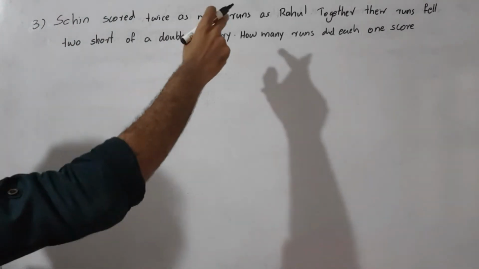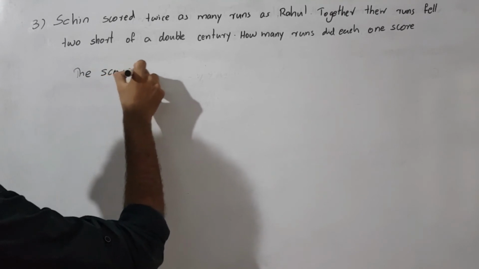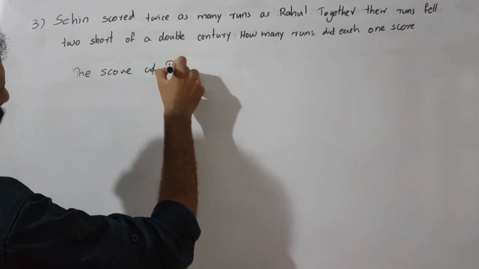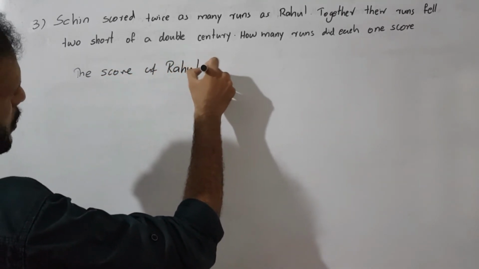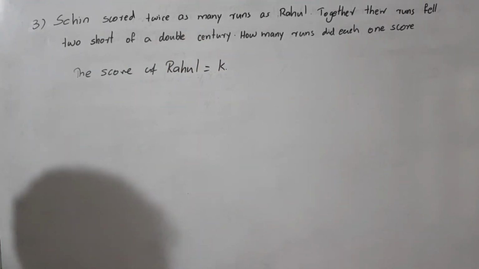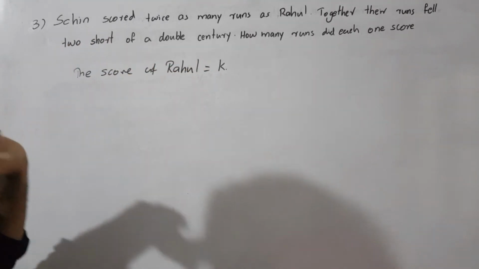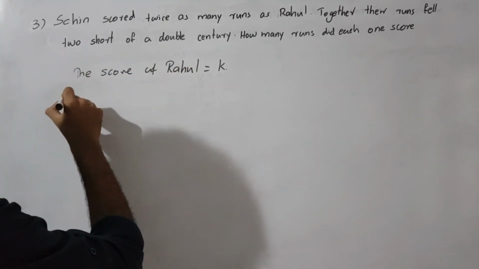What is that? The score of Rahul. The score of Rahul is equal to K. Okay, one variable. Then, on the base of score of Rahul, what is the score of Sachin?